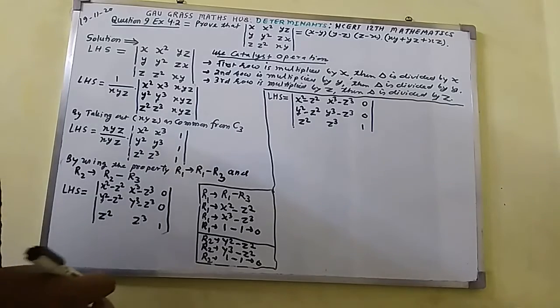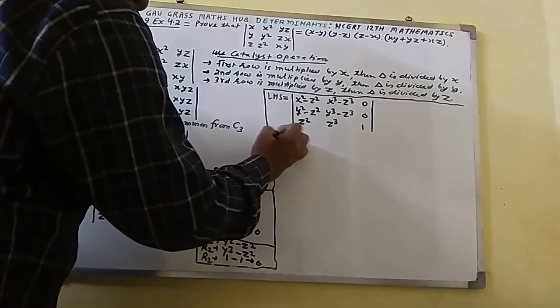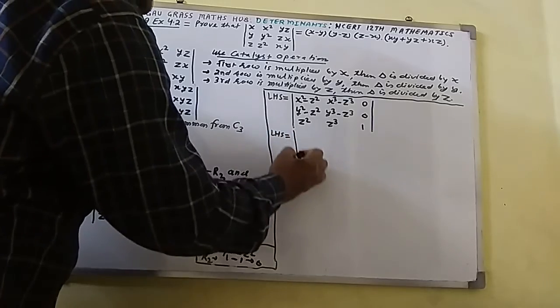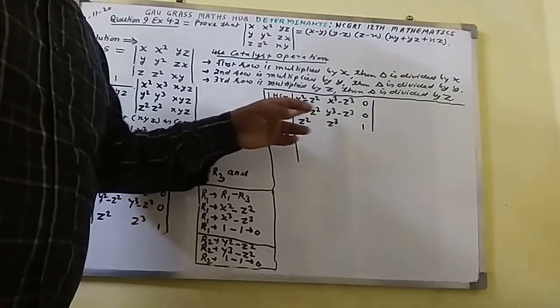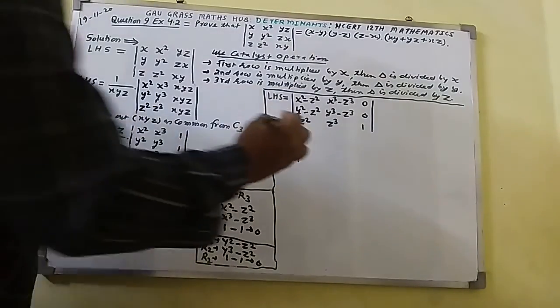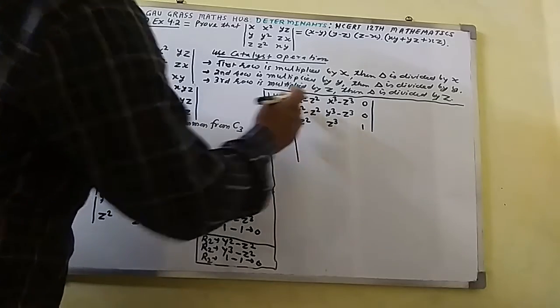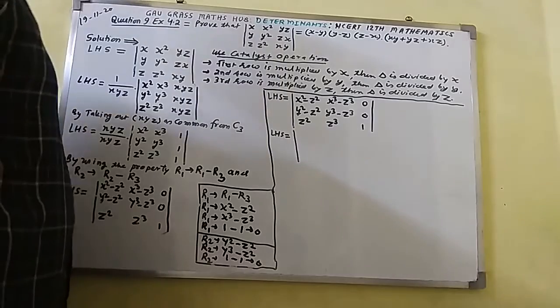So here I shall write LHS is equal to, just x minus z, x minus z. So here you will get, in the first row, you know the formula, a square minus b square equal to a plus b, a minus b.